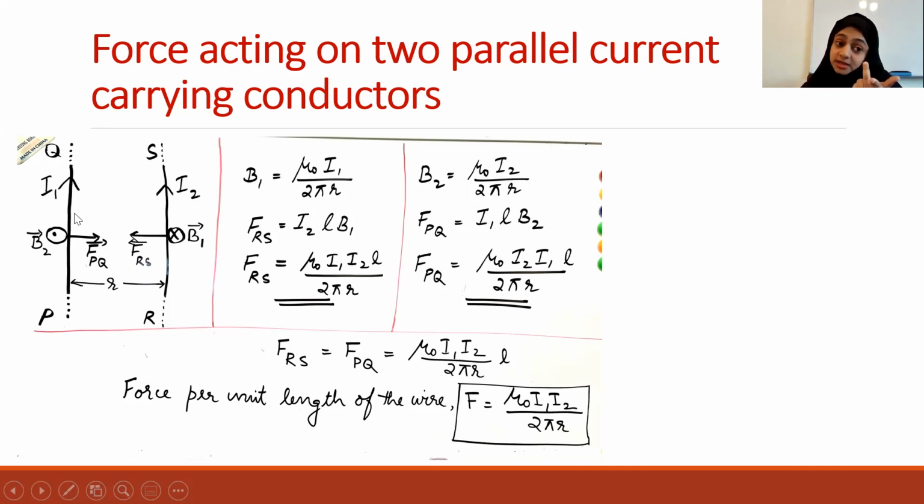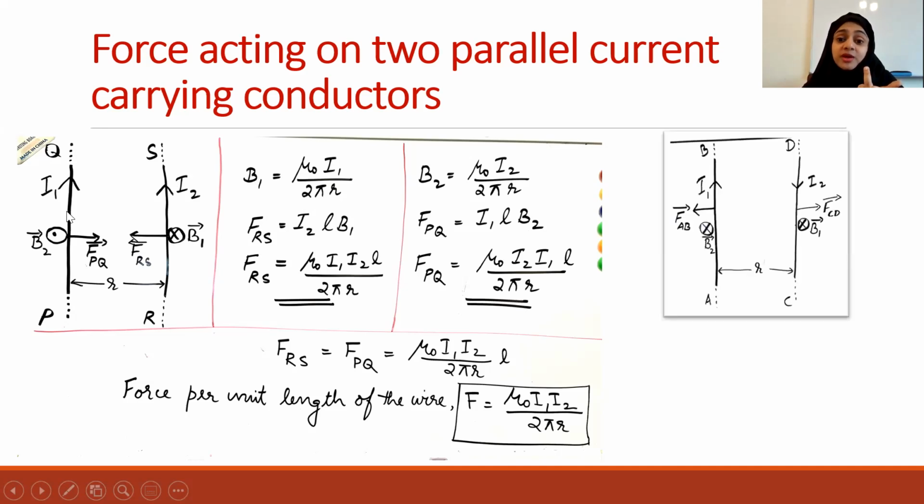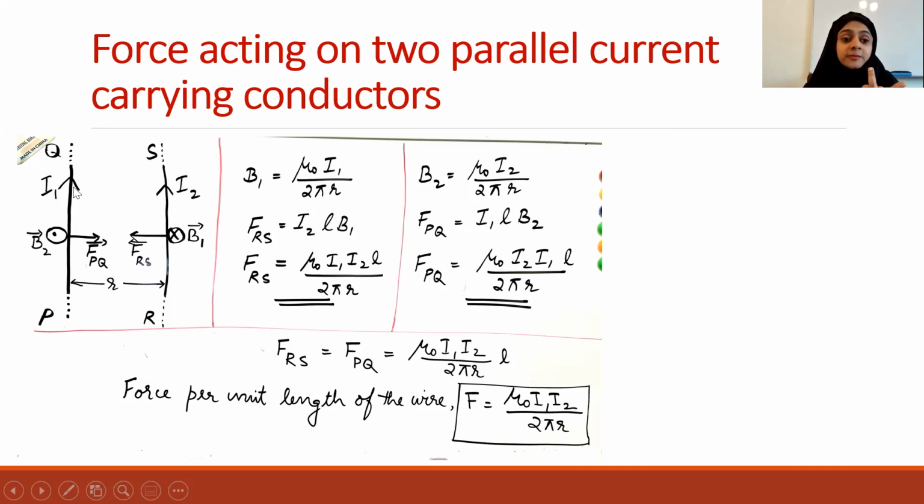I1 is the current in PQ and r is the distance where we are considering this force. That is the magnetic field produced by a current carrying conductor PQ at a distance r from PQ.